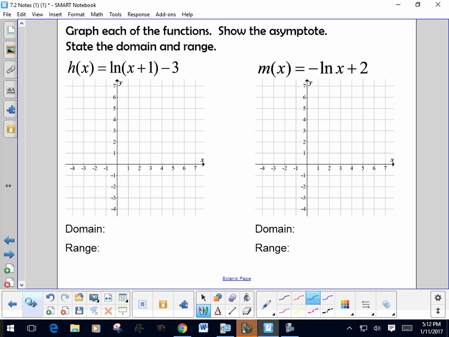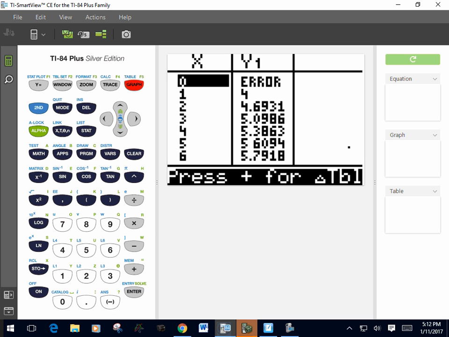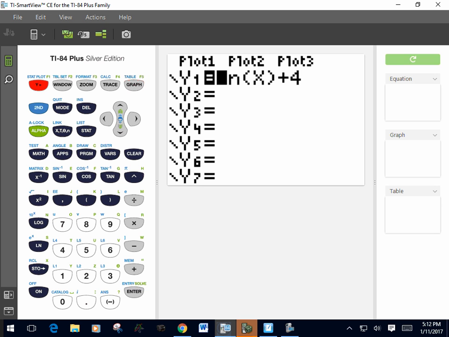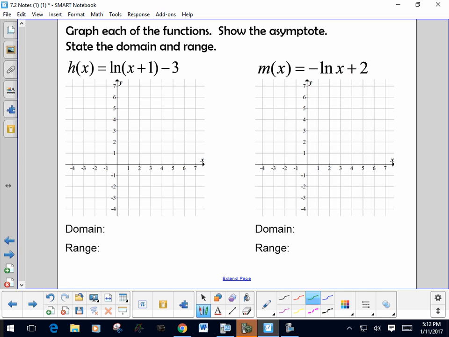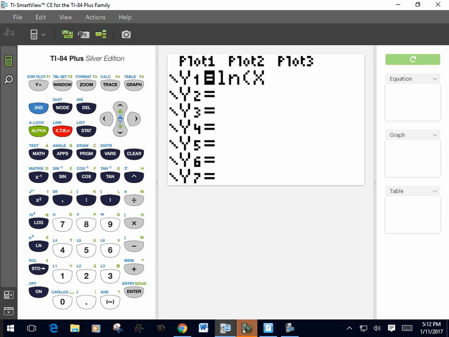2 more. H of x is the natural log of the quantity x plus 1, and then we subtract 3. So when we type in our calculator, make sure you get the end parenthesis where you need it. It's the natural log of x plus 1, end those parentheses, minus 3.